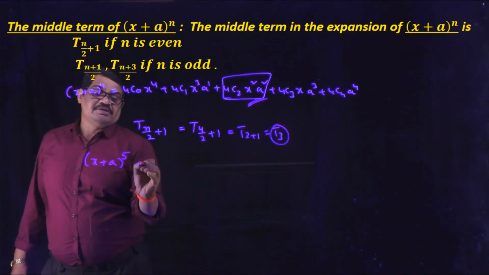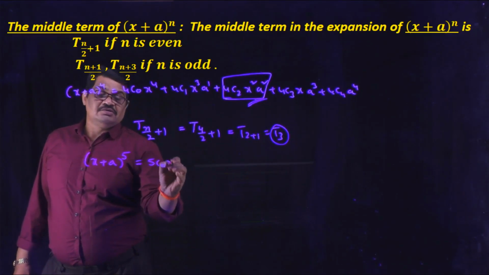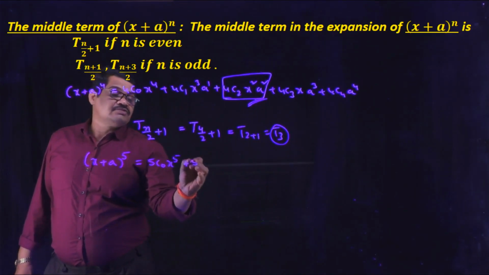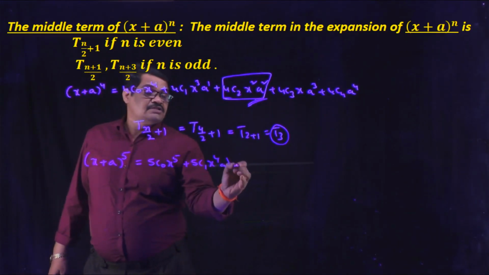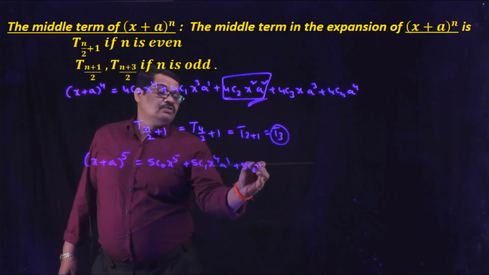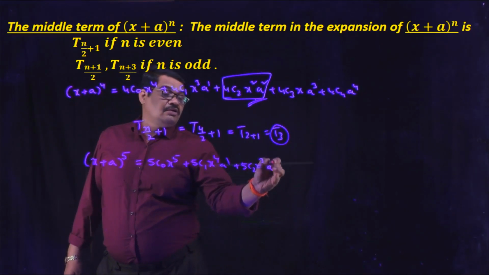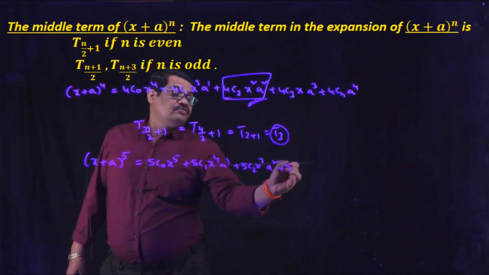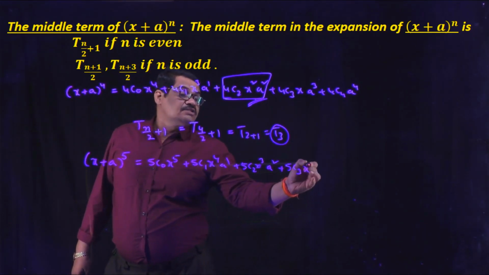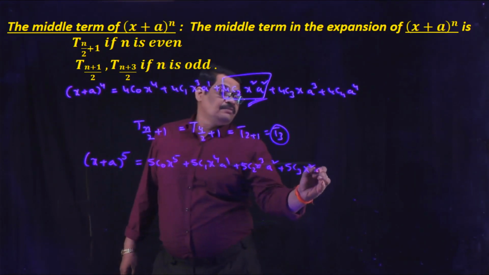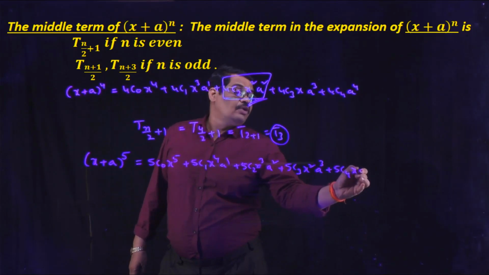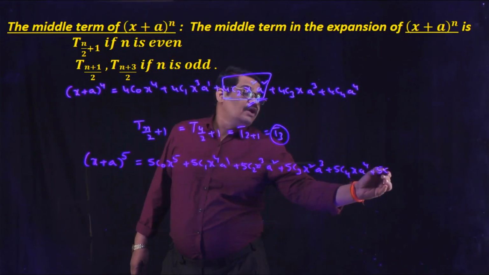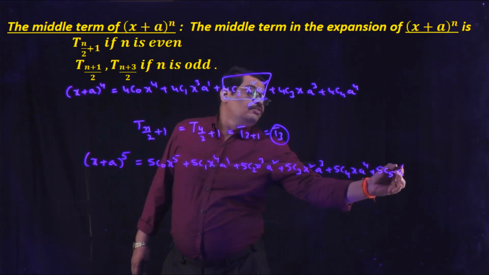So this expansion is 5C0 x power 5 plus 5C1 x power 4 a power 1 plus 5C2 x to the power of 3 a square plus 5C3 x square a power 3, 5C4 x power 1 a power 4 plus 5C5 a to the power of 5.